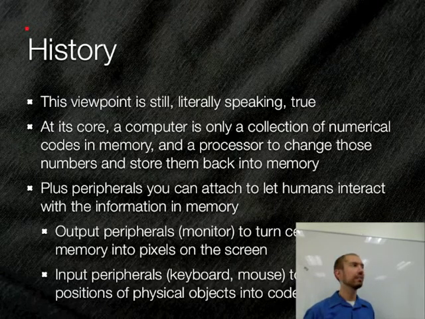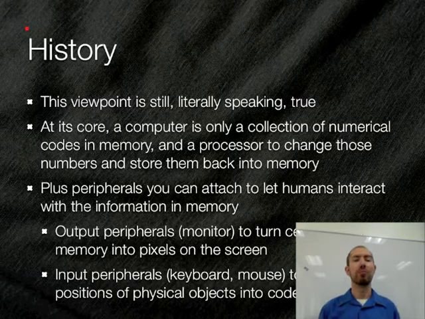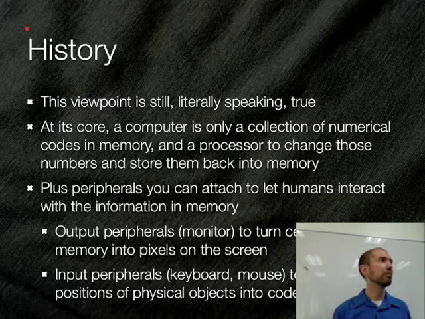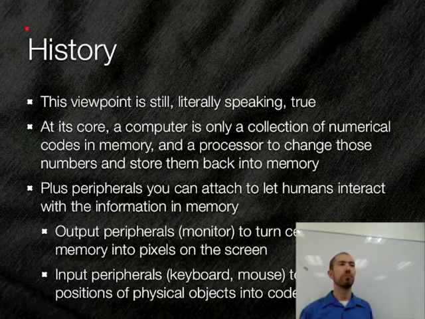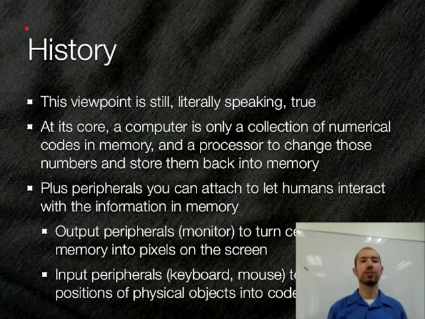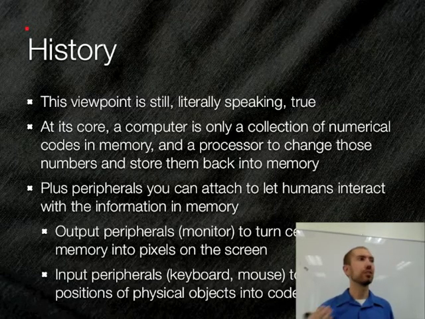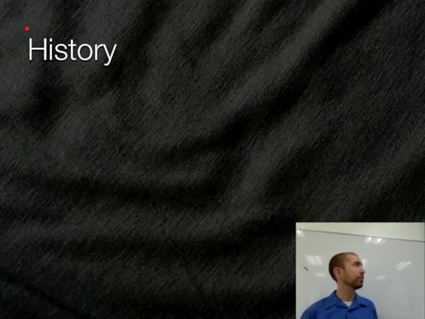So as humans, we can influence some of the values in certain parts of memory by manipulating things like the keyboard and mouse. We can read the values of certain parts of memory by looking at output on the screen, but really the computer is still mainly concerned with just all these values in memory and how it transforms them with the CPU.